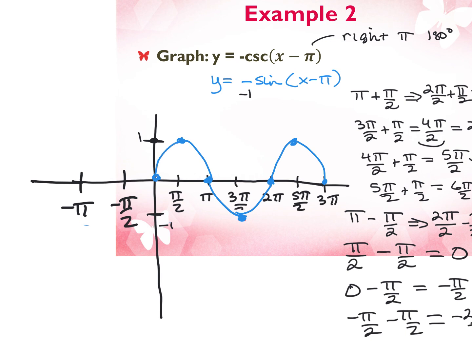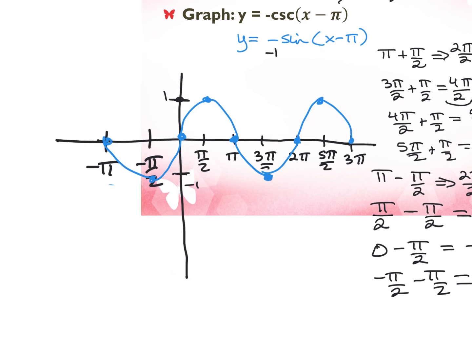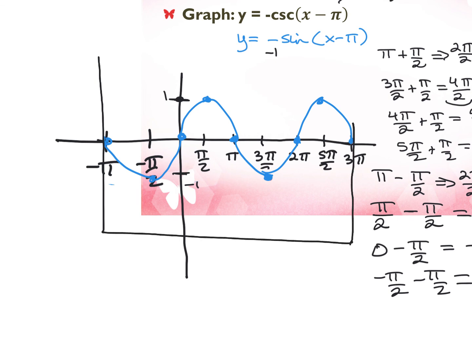We do have a stopping point there because it is 90 degrees apart. And then we end up here. Let's go ahead and draw our rectangle around our lowest point and our highest point. So the lowest is the negative pi, and our highest is the 3 pi.